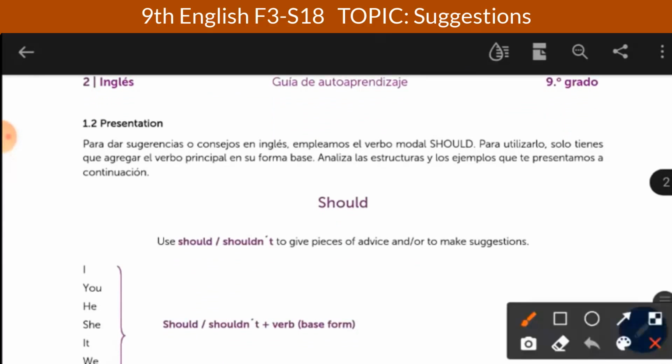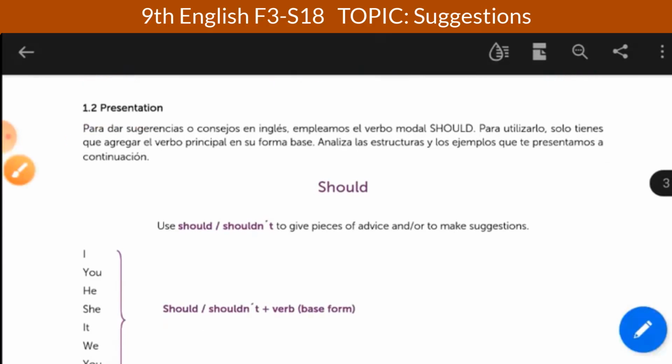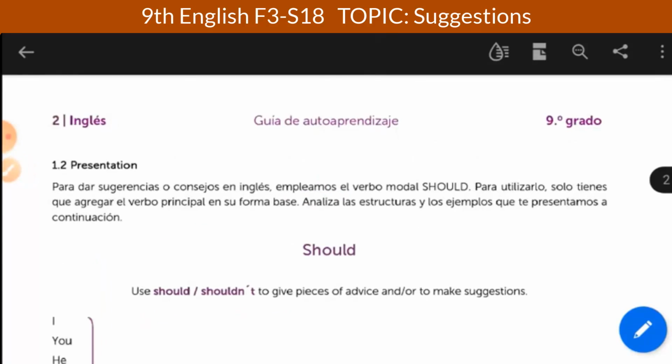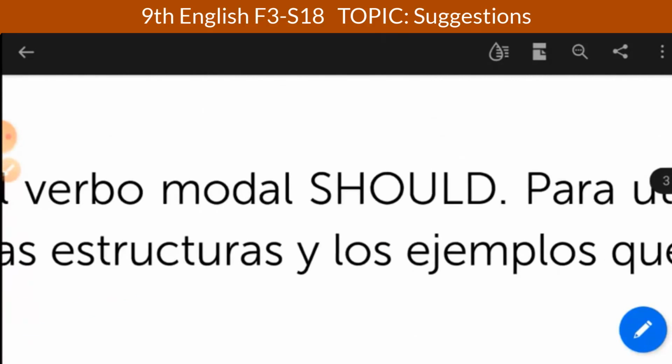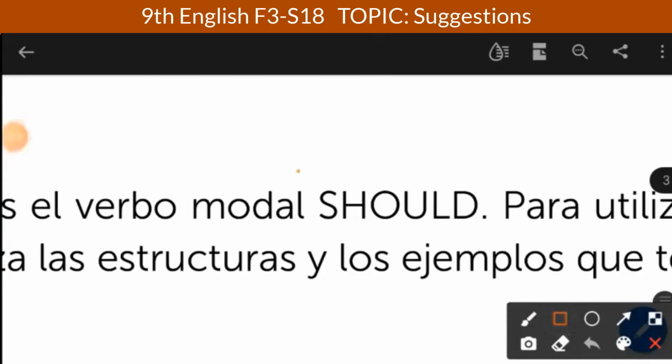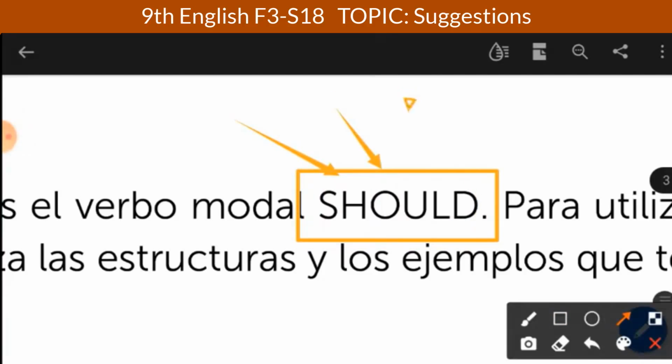Now, in the presentation part, para dar sugerencias o consejos en inglés, empleamos el verbo modal should. Attention here. Para dar sugerencias en inglés, empleamos el verbo modal should. Listen and repeat, please. Should, should, should.